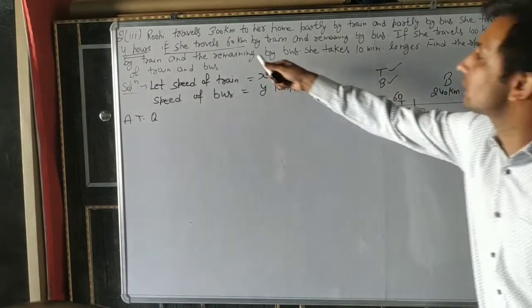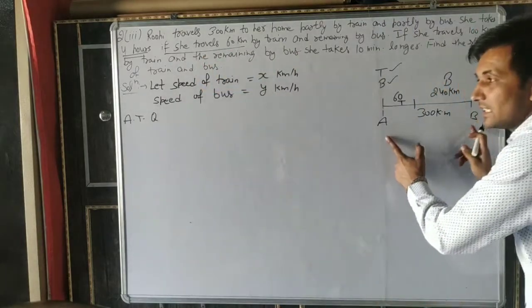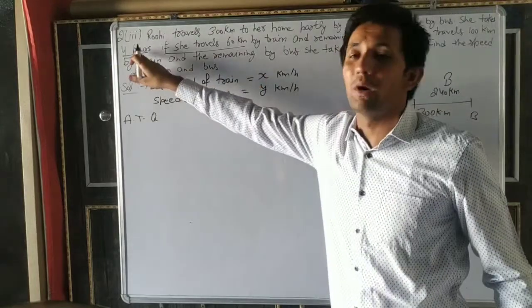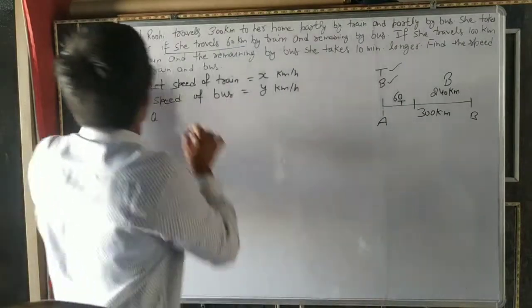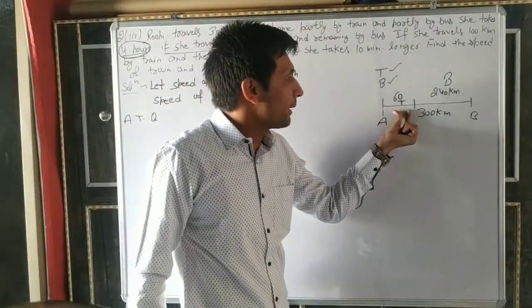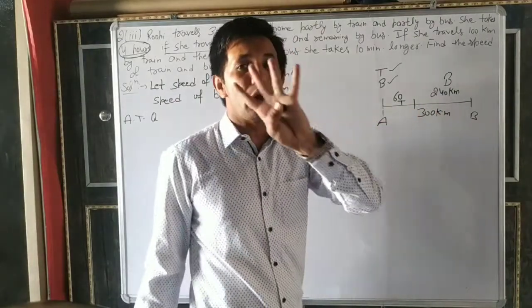And how much time is taken? 4 hours. So the time taken by train and bus from A to B is 4 hours.